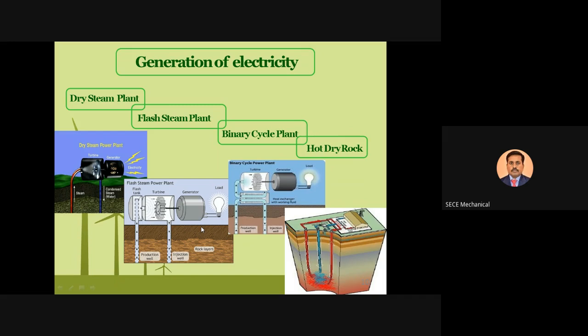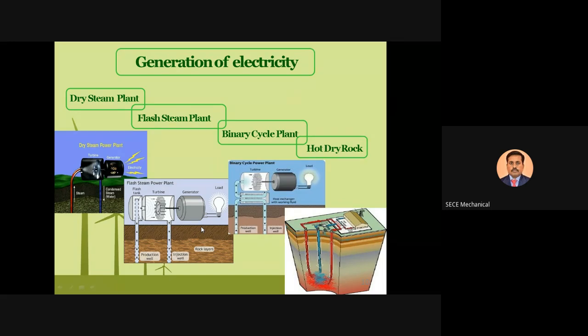The heat taken from the hot well source is transferred to another cycle. In that other cycle, water and steam go to the turbine for power generation. After that, the steam comes again to the heat exchanger unit.